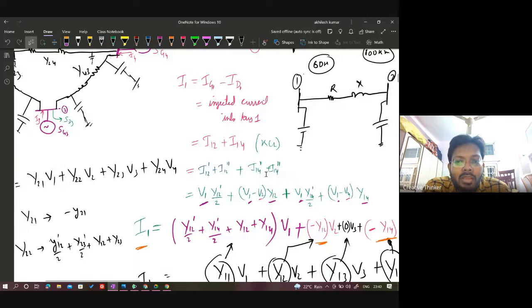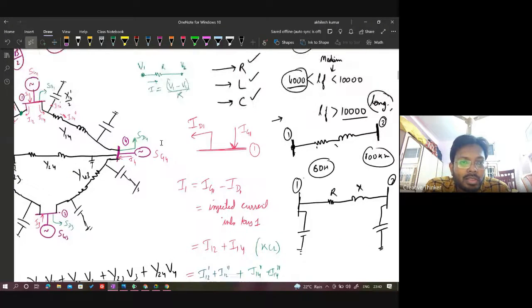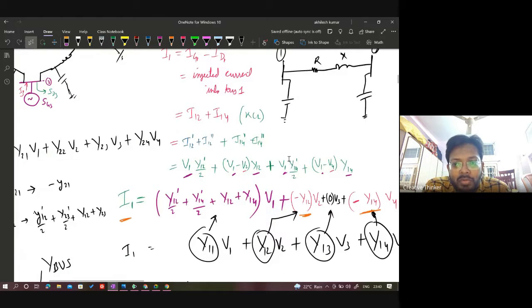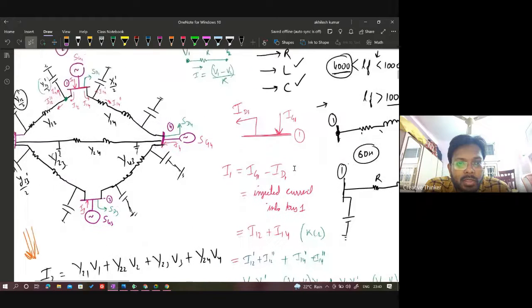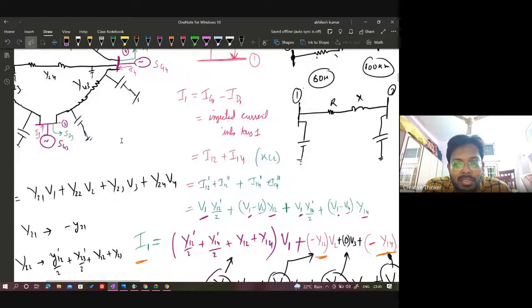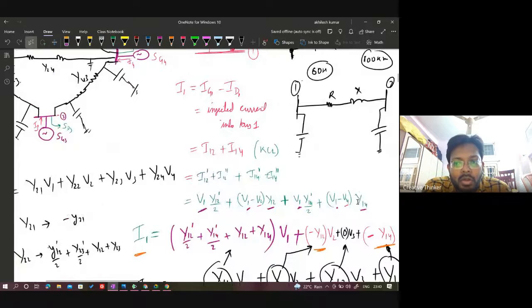Similarly, I14 dash I can write as V1 into Y14 divided by 2. And this current I can write as V1 minus V4 into Y14.